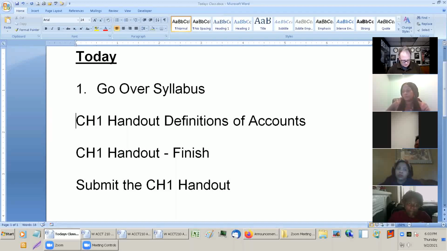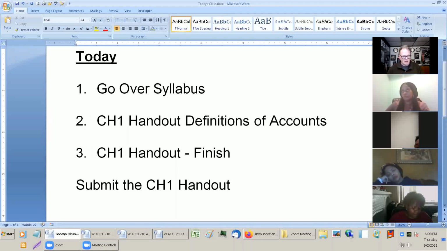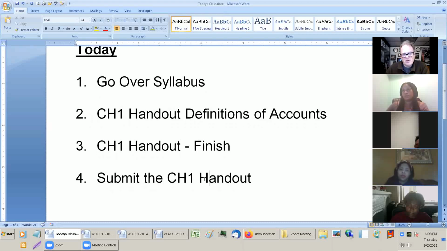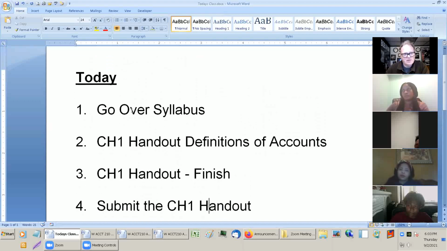Second thing we're going to do is go over some of the general definitions in accounting. There's actually 2 handouts there. And then the real one we're going to work on is the chapter 1 handout. We should finish it. If we do, we do. If we don't, we don't. But it should be pretty close anyways. And if we do finish it, then I'll go through how we submit the handout. So this is the agenda for today.